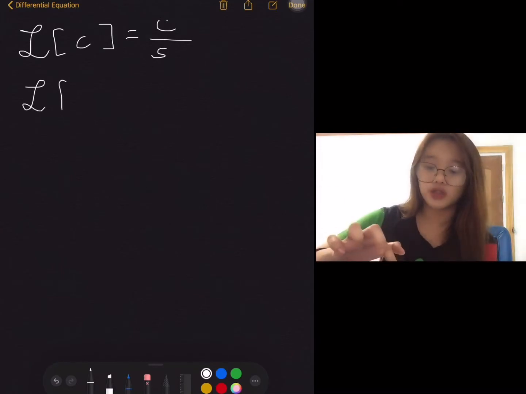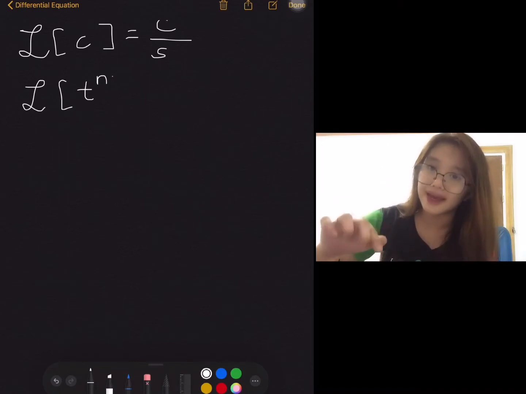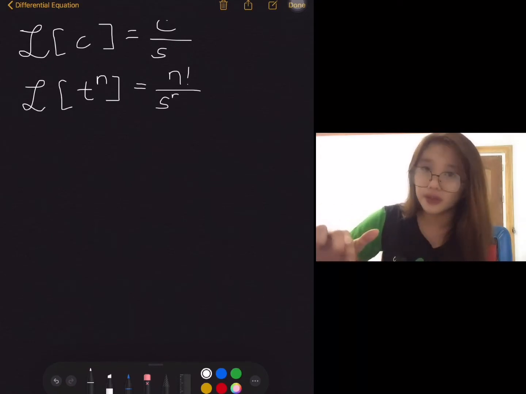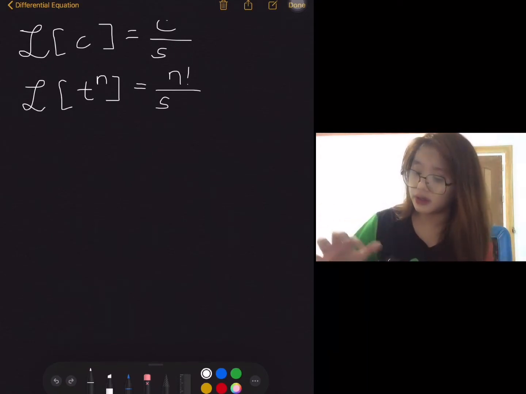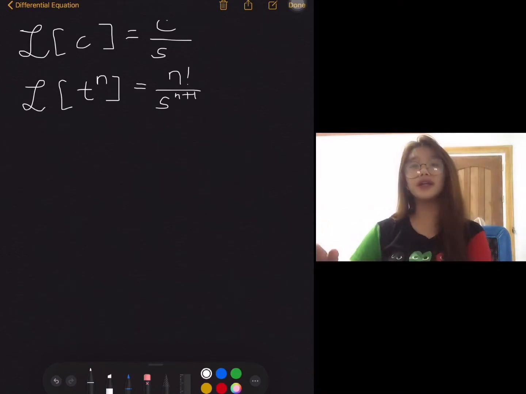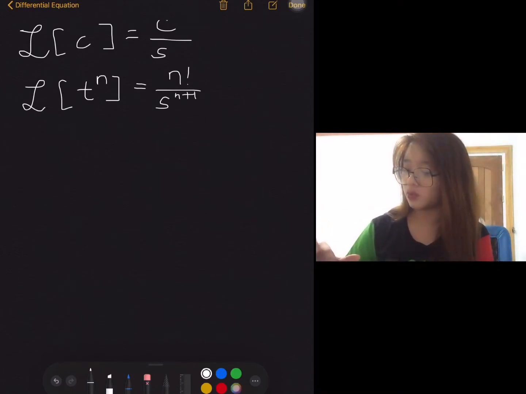And the Laplace transform of t raised to an exponent n is equal to n factorial over s raised to n plus 1.